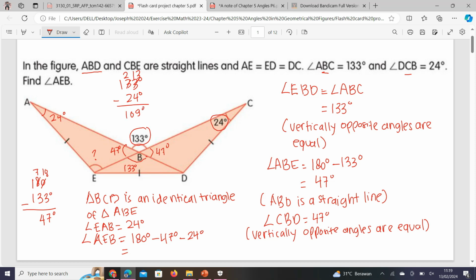So this one equals 109 degrees. So we find the angle of AEB equals 109 degrees. It's easy, right? I think you don't have questions about it, right? Now let us continue.